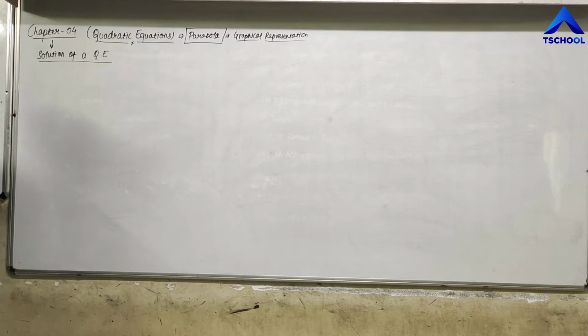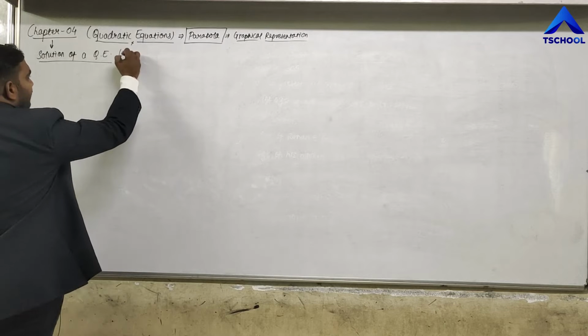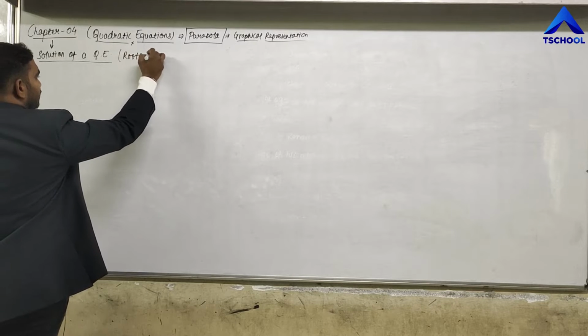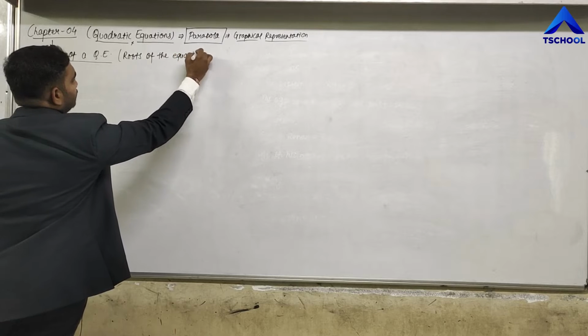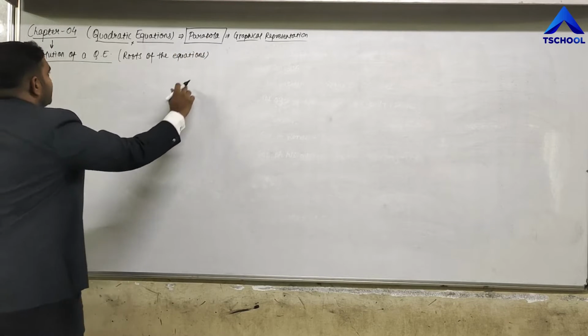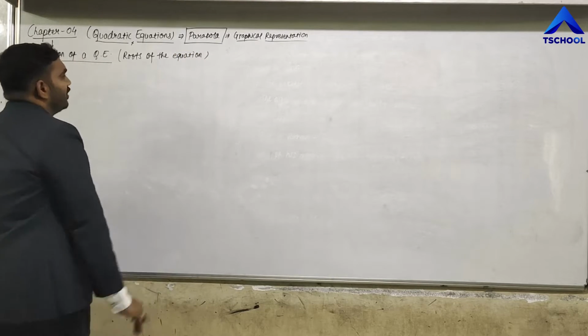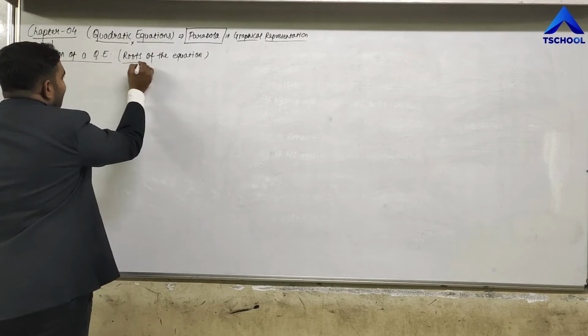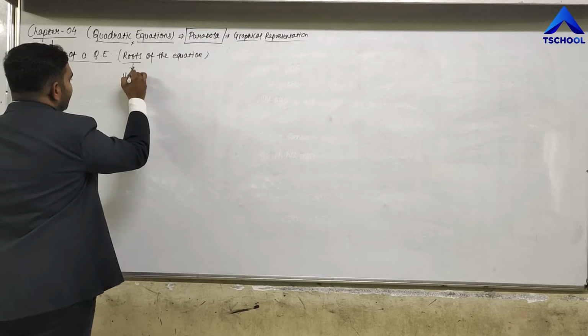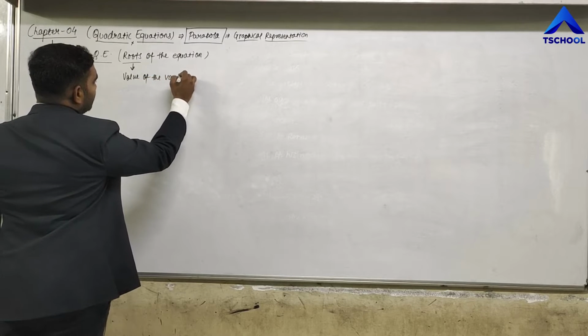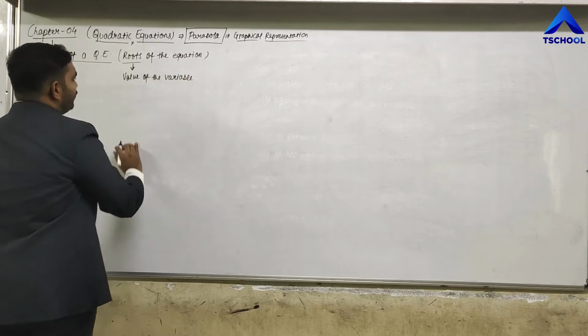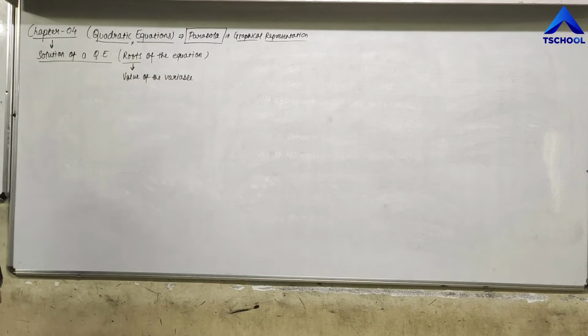Solution of a quadratic equation basically means to find out the roots of the equation. Roots of the equation basically means to find out the value or values of the variable.